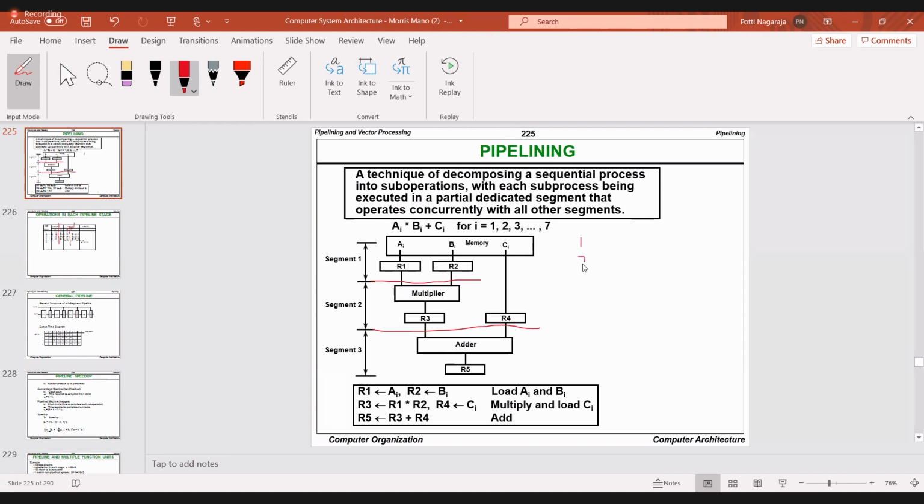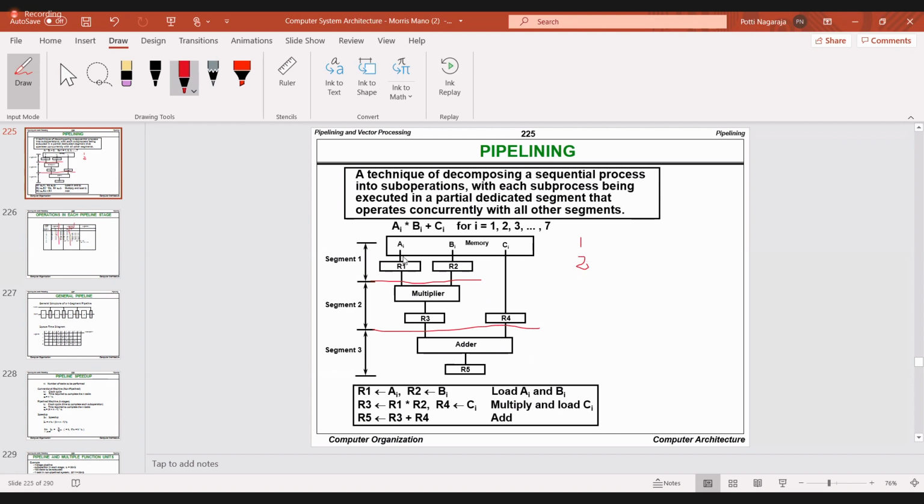Now, can anyone say what happens in the second clock pulse? Multiplication: R1 into R2, I have to multiply and store in R3. And what is the R4 value? R4 value is C1. Now, what is the R1 value? First check the first clock pulse.